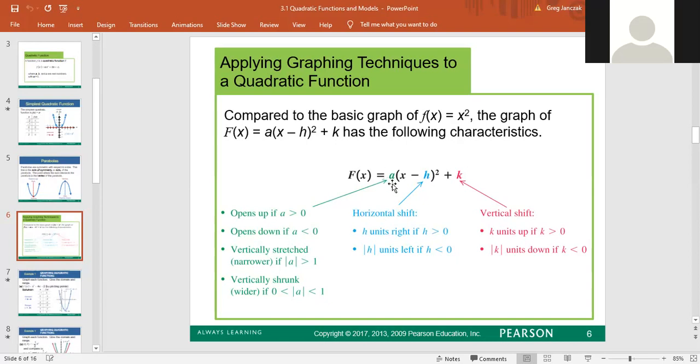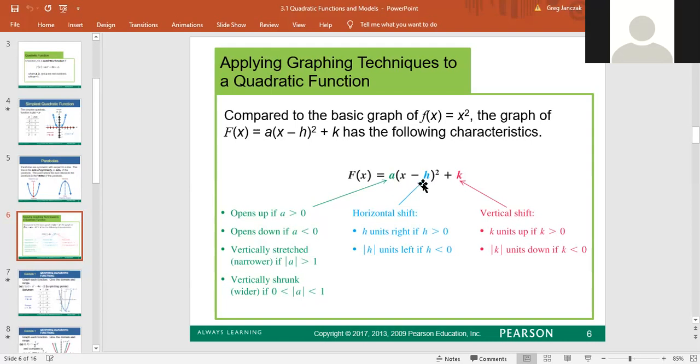If this a is larger than 1, then it's going to narrow the graph or make it vertically stretch. If the absolute value of a is a fraction, something that's less than 1 but greater than 0, then it's going to widen out the graph.